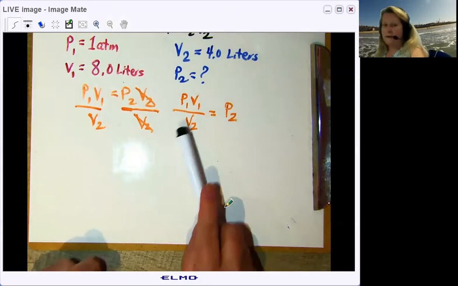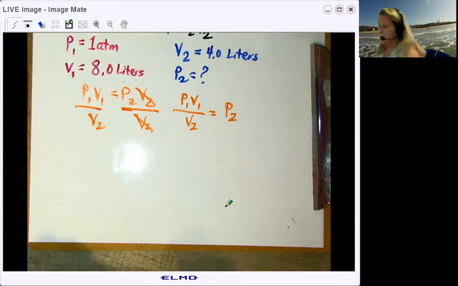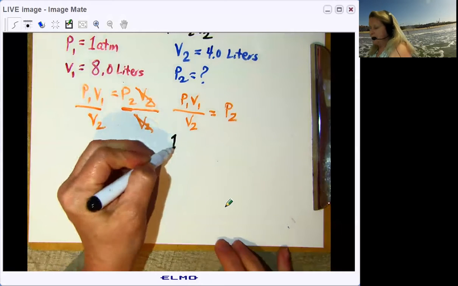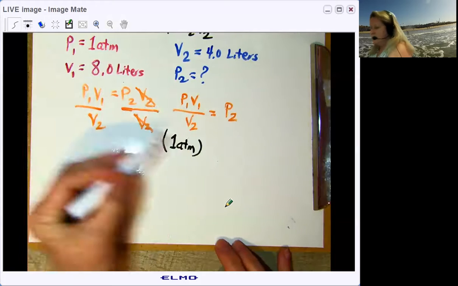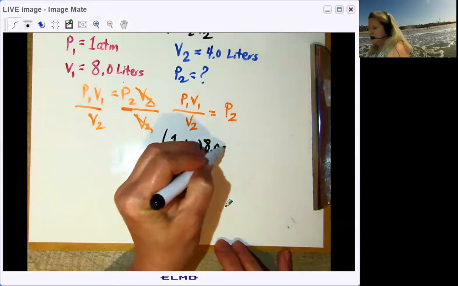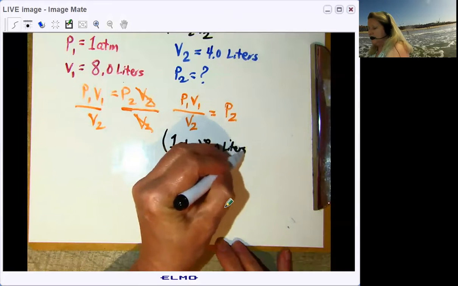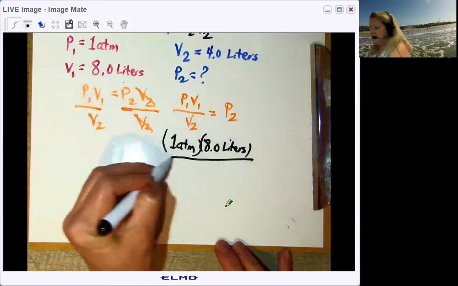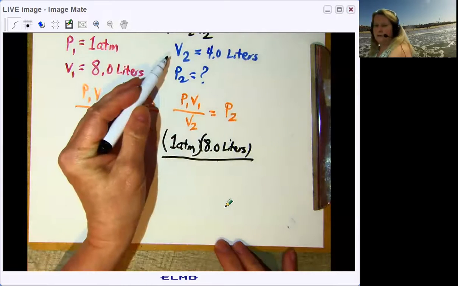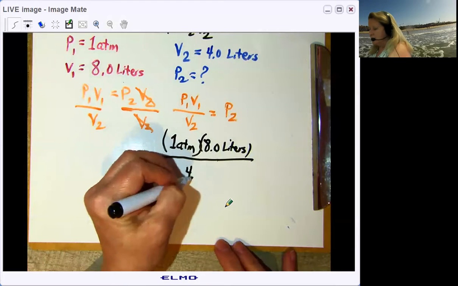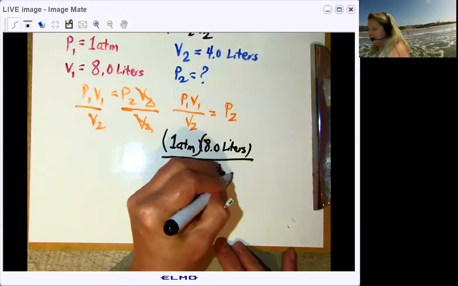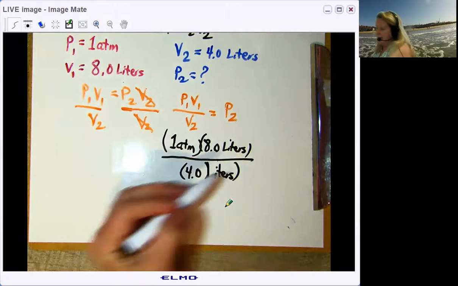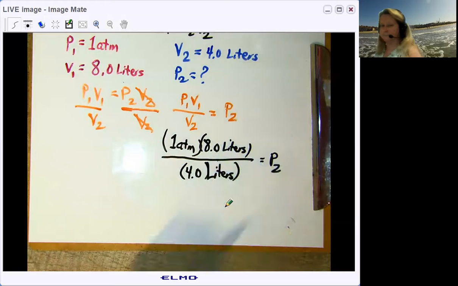So P1, our initial pressure was 1 atm, so I have 1 atmosphere pressure, times V1, which was 8.0 liters, and we're going to divide that by V2, which is 4.0 liters. Okay, and that's going to give us our P2.